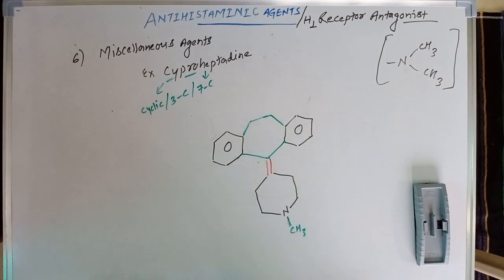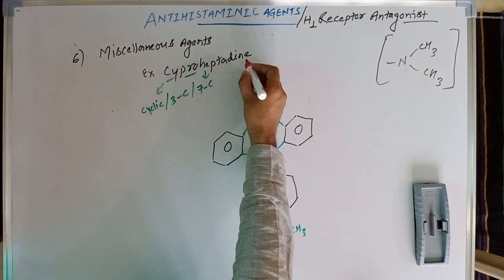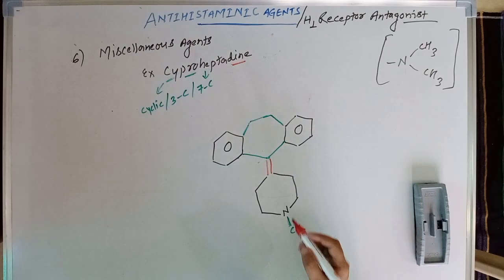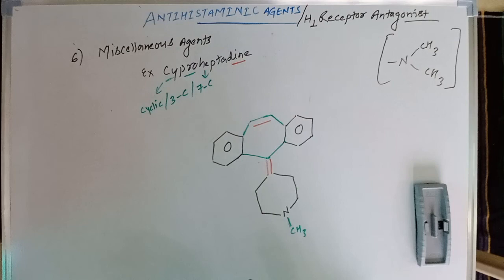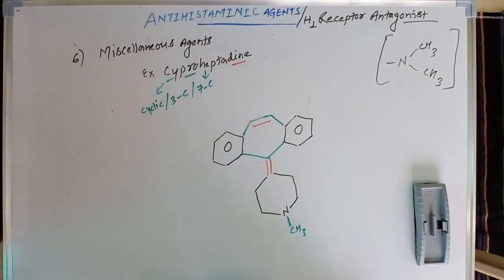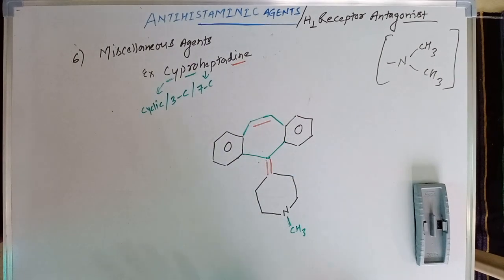So here again CH3, CH3. Now heptadiene, diene means two ene moieties. So this is your first ene and the second ene is this. In this way you have to memorize the structure of cyproheptadine.